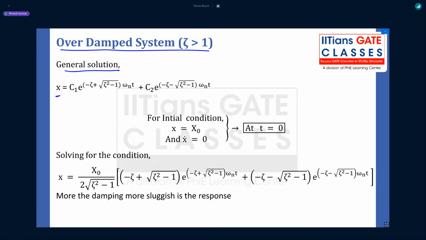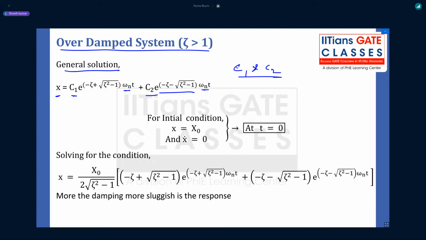The response is given by this equation, which is what? C1 e to the power minus zeta minus under root zeta square minus 1 into omega n t, plus C2 again e to the power minus zeta minus under root zeta square minus 1 into omega n t. So what are C1 and C2 here?